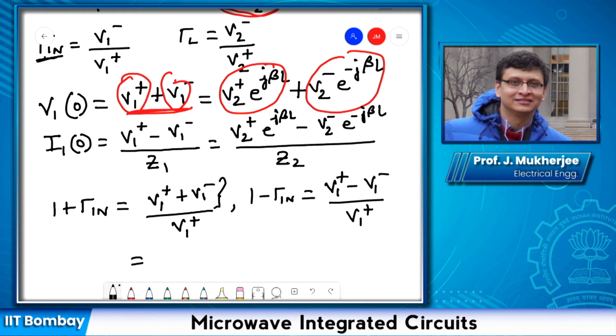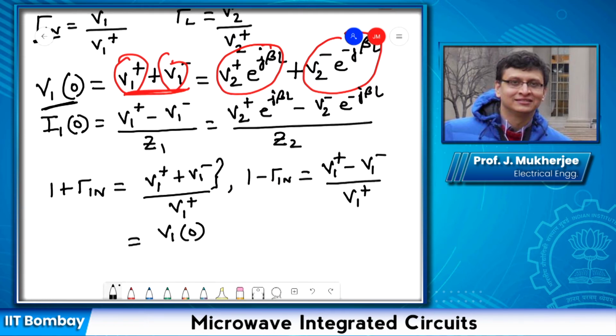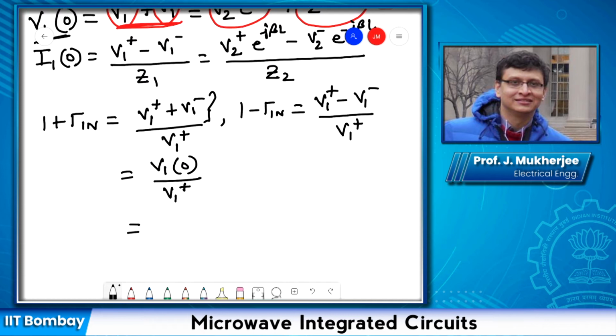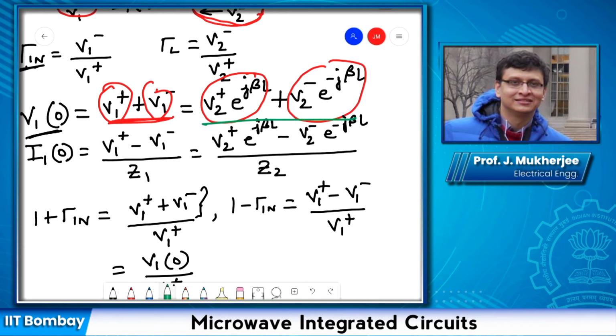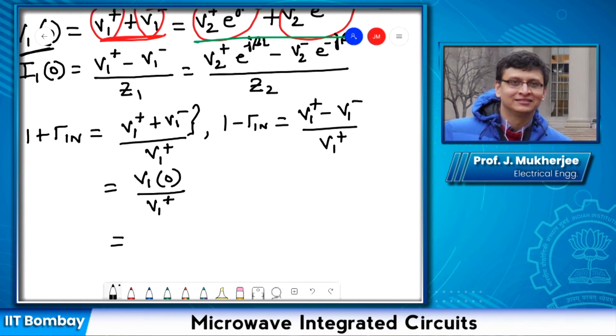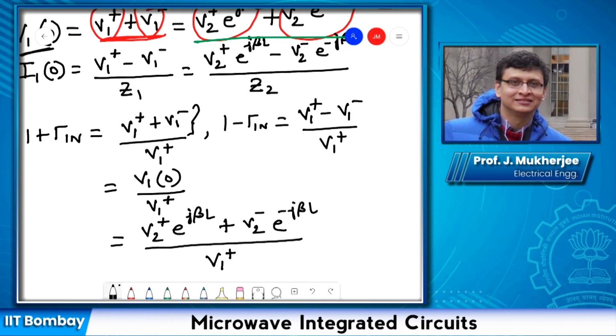This term is equal to this value. So I can simply write this as V10 upon V1 plus, which in turn, if I substitute these values, I get V2 plus e raised to j beta L plus V2 minus e raised to minus j beta L upon V1 plus.